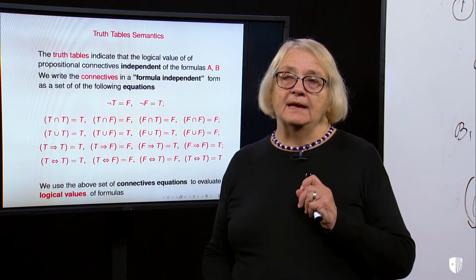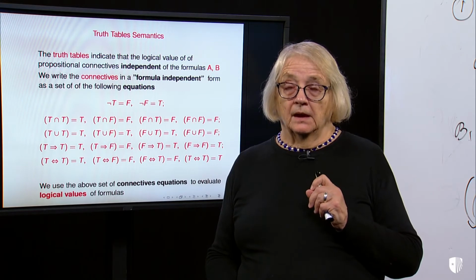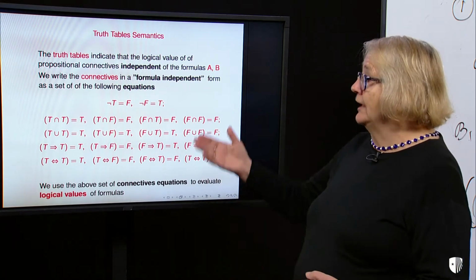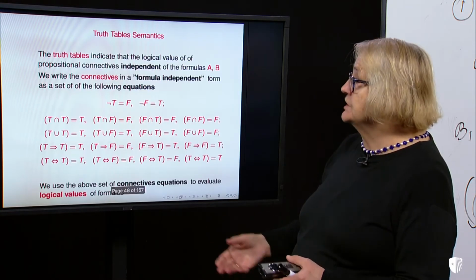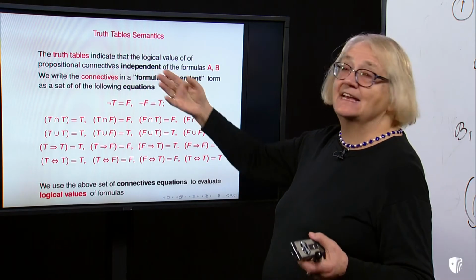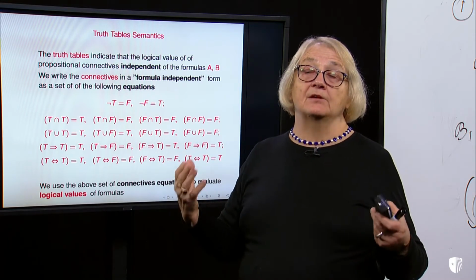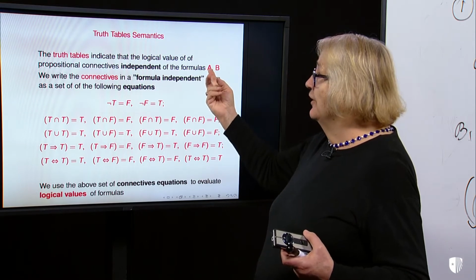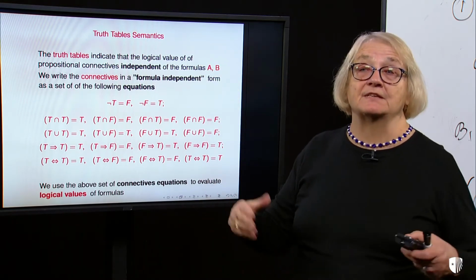Now, the next thing which I want to stress: when you look at those truth tables, they show that the value of formulas built with propositional connectives is independent of what the formulas A, B represent.